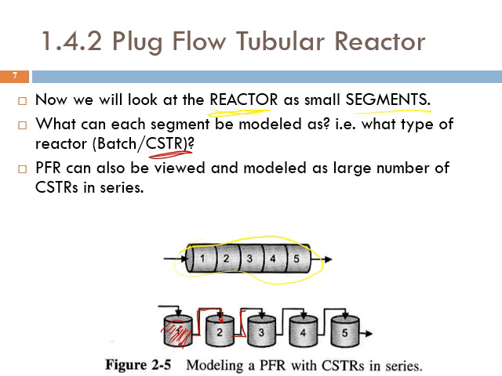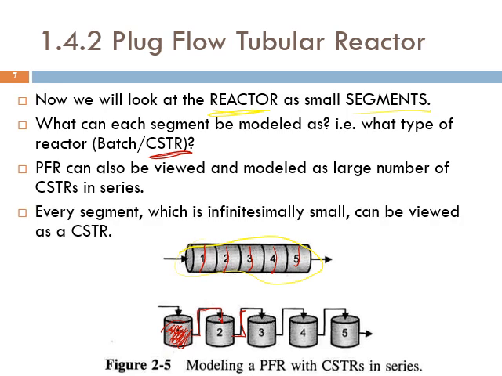So a plug flow reactor can also be viewed and modeled as a large number of CSTRs in series. Why large? Because the larger the number of CSTRs, the smaller each segment will be, right? The smaller each segment will be, the closer it would be to a spatially uniform reaction mixture.